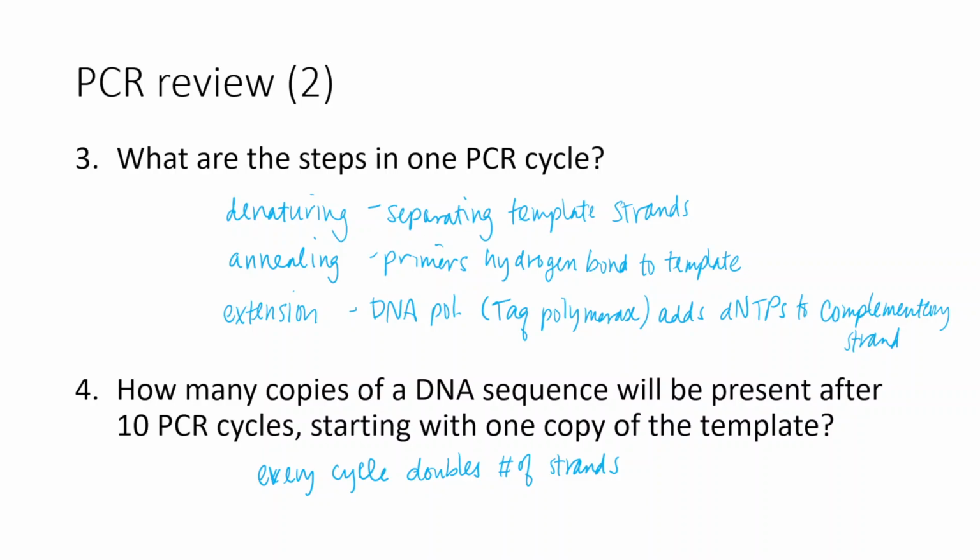So if we start out with one DNA strand, we can multiply that by 2 to the power of however many cycles. So if you have one copy of your DNA, and then you did 2 to the 10th power, it would give you 1,024 copies of that one piece of DNA. Because every cycle we double, we just have 2 to the power of however many cycles we have.